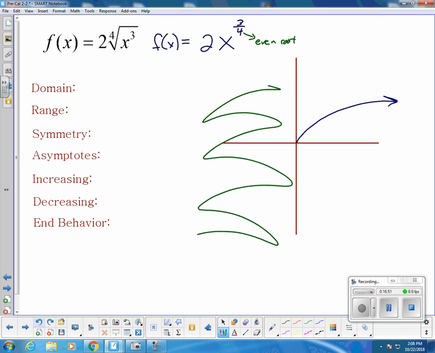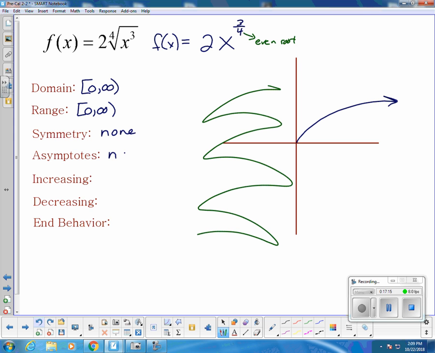Okay. So what is the domain? Let's go down through here. What's our domain there? Look at the graph. 0 to infinity. I can't take an even root of a negative number. Not possible. The range is also 0 to infinity. There is no symmetry.